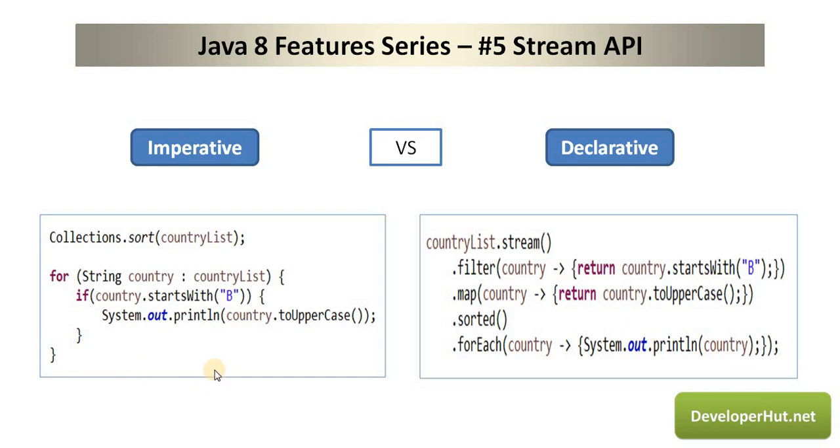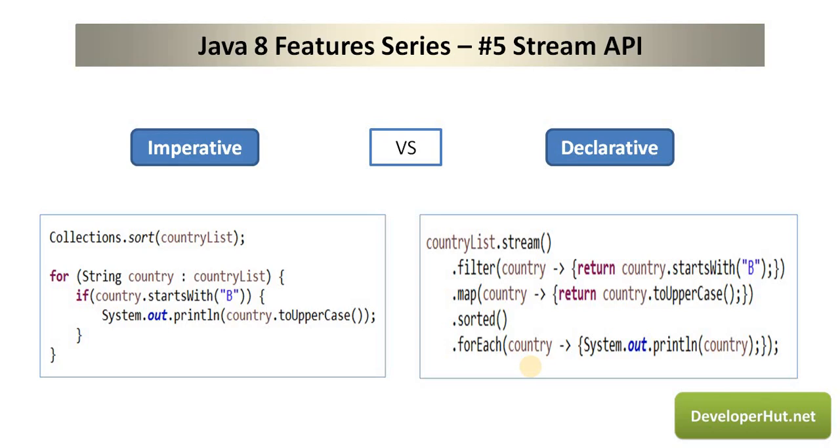Where we mostly focus on how the logic will go. Instead, in case of stream API, you can directly use this declarative approach, where we focus on what we want to achieve, right? I will dedicate a separate small session to the imperative as well as the declarative programming approach.